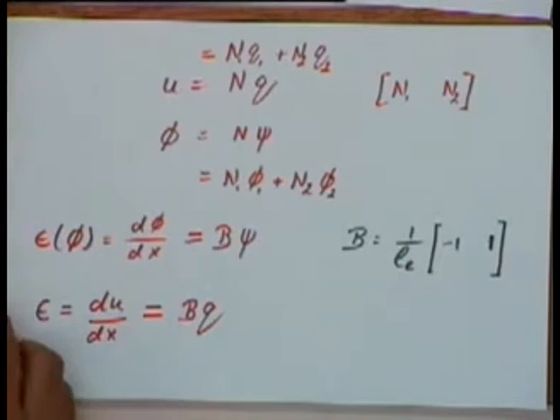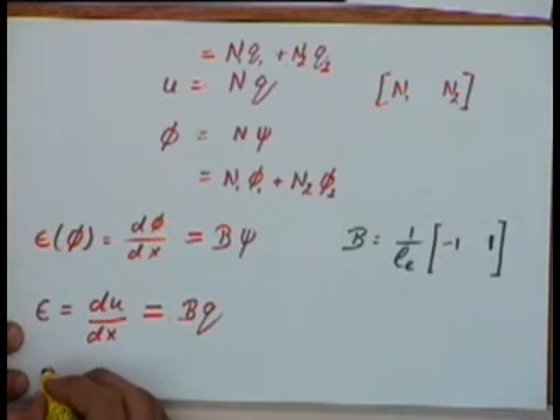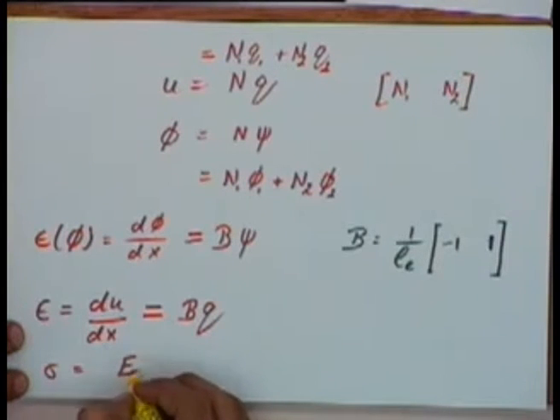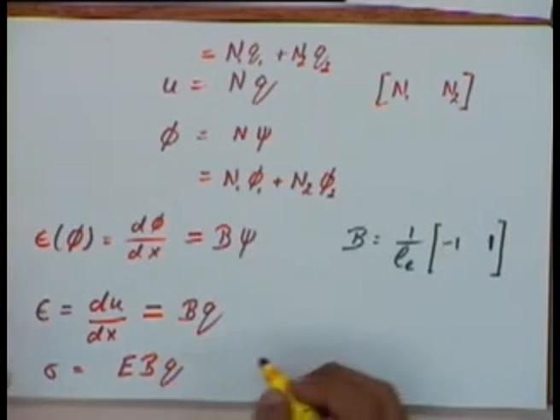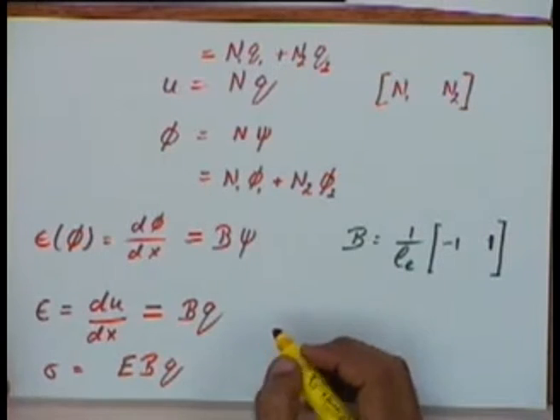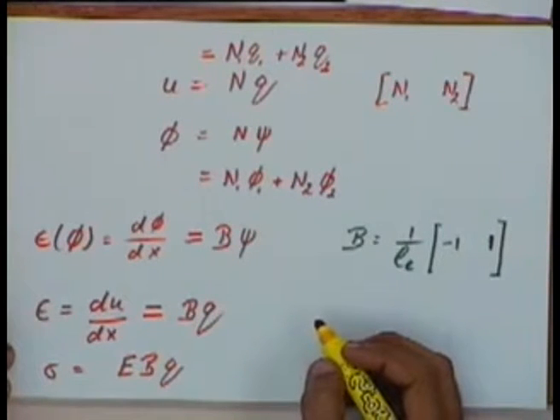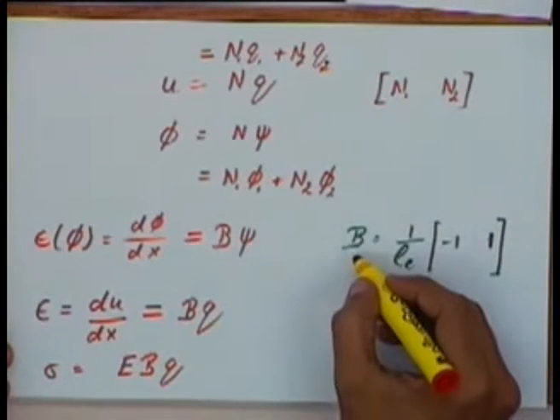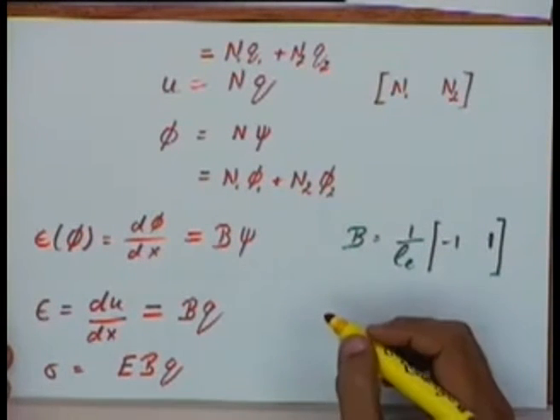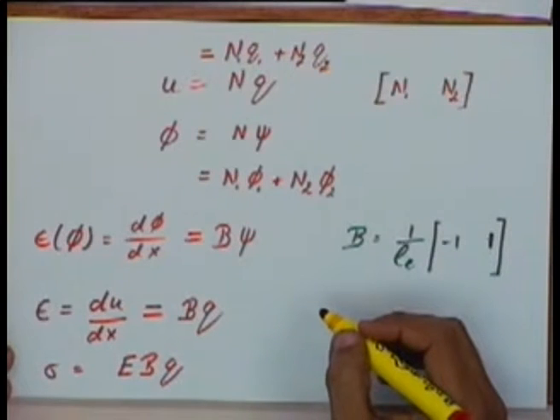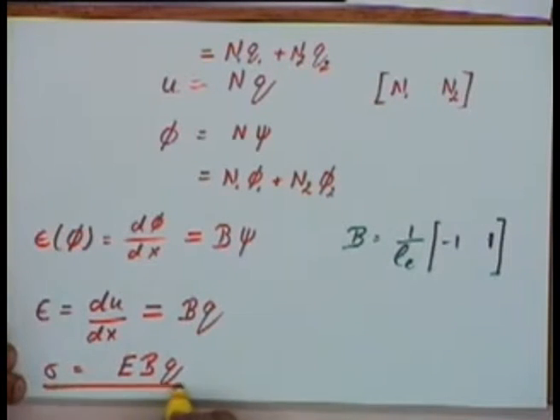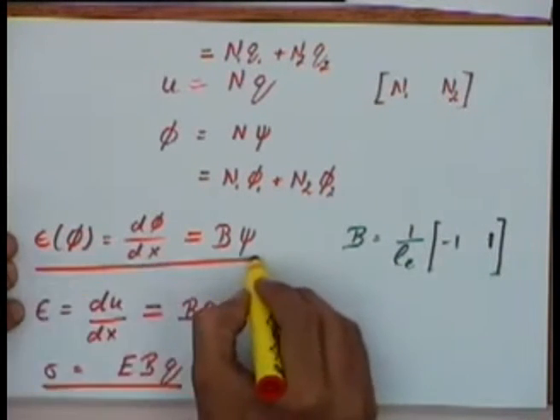and if we say epsilon is equal to B times Q, we can say sigma will be equal to E times B times Q. Okay, where E is the Young's modulus, B is the element strain displacement matrix, and Q is the element displacement matrix. Okay, so we have an expression for sigma and we have an expression for epsilon of phi.